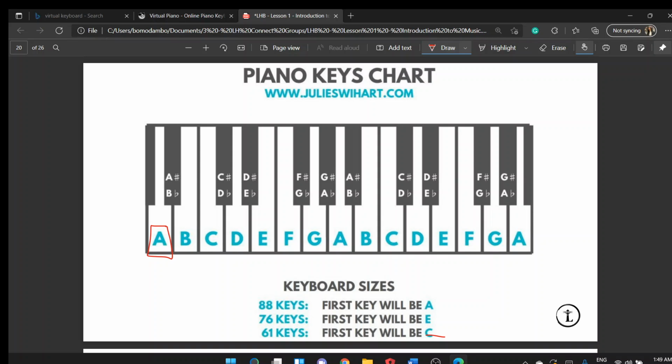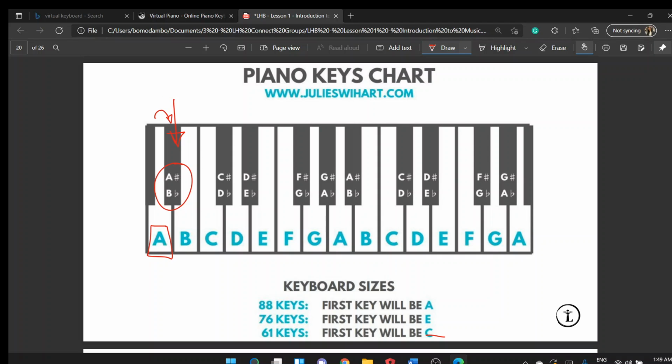So play the next note, which is this black key right here. So what have we done? We have taken A and we've sharpened it, and now it's a half step higher than A.